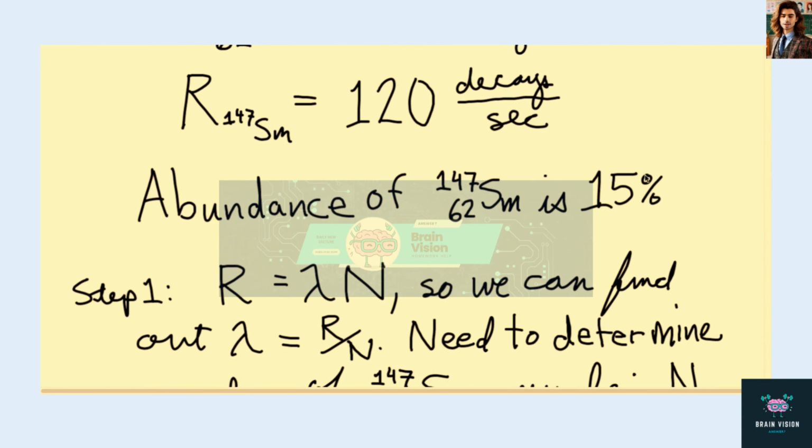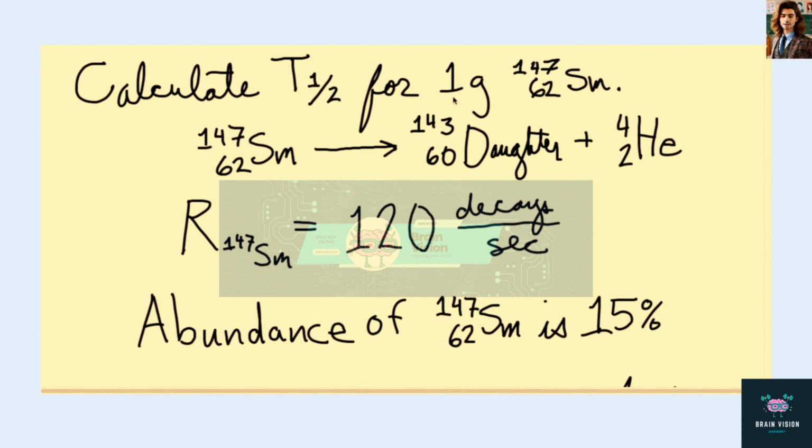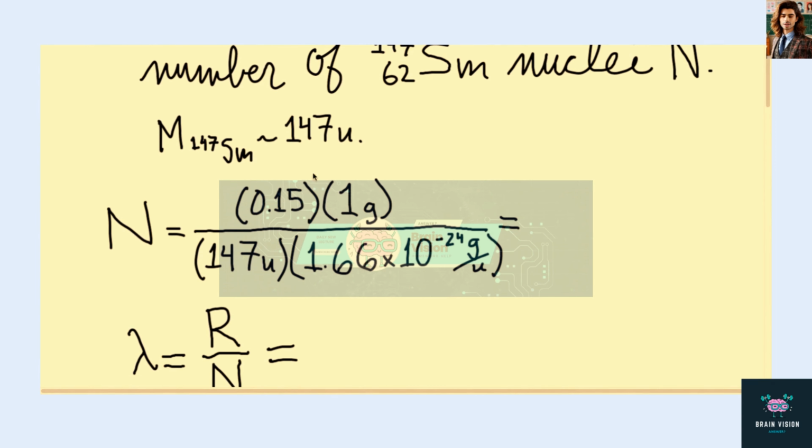We can enter our 15% abundance times the 1 gram that we're asked to solve for, both pieces of information given in the problem, and divide this mass of samarium-147 by the atomic mass of samarium-147, which is roughly equal to 147 atomic mass units, as well as dividing by the grams to atomic mass unit conversion factor of 1.66 times 10 to the negative 24th.